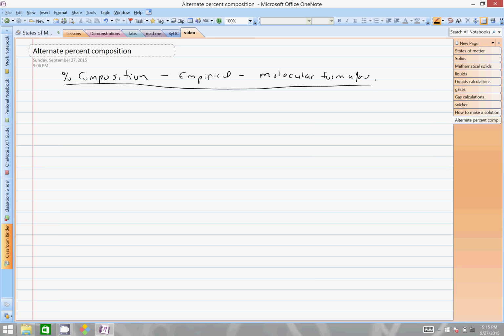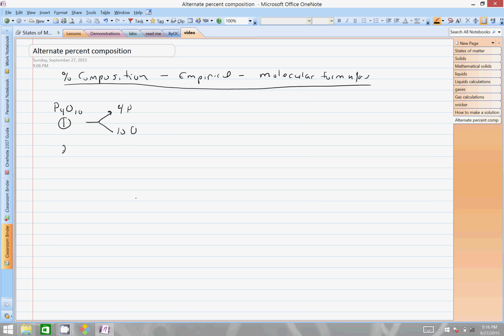Before we start anything, let's just take a chemical, let's say like P4O10. And I'm going to make a couple of generalizations. If you have one of these guys, then you're going to get 4 phosphoruses and you're going to get 10 oxygens.